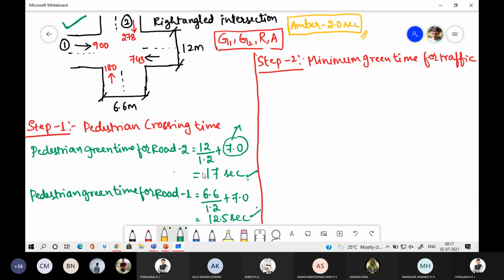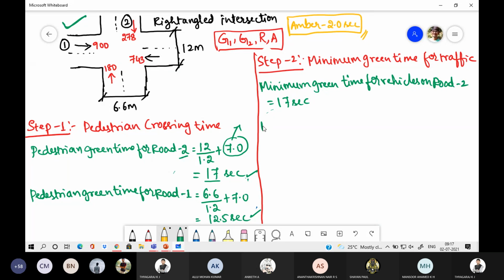So for road 2 we have already calculated. The pedestrian green time will be considered as the minimum green time. So make a note here: minimum green time for vehicles on road 2 is equal to 17 seconds.